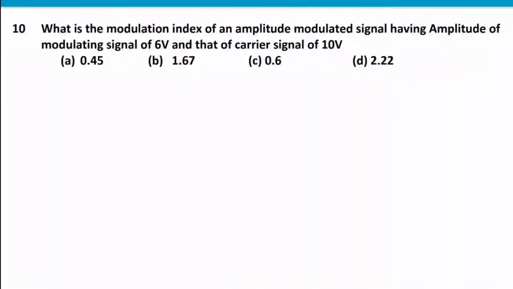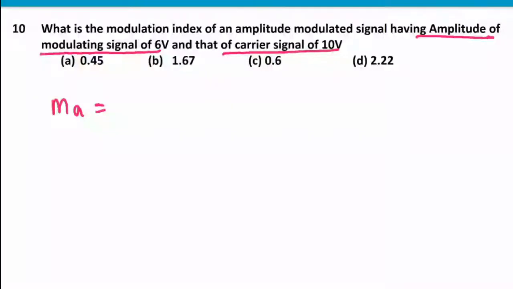Next question, what is the modulation index of an amplitude modulated signal having amplitude of modulating signal of 6 volt and that of carrier signal is 10 volt? What is the amplitude modulation index?